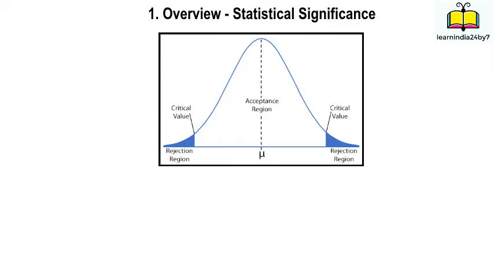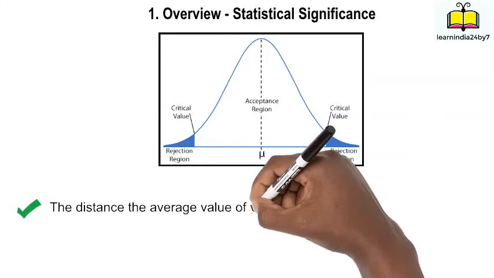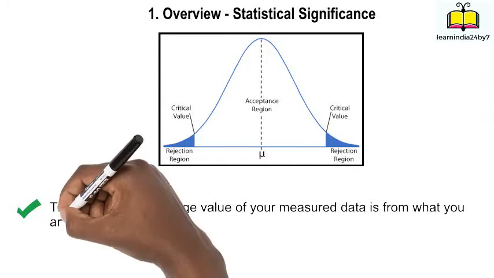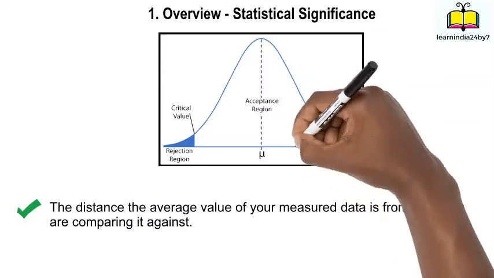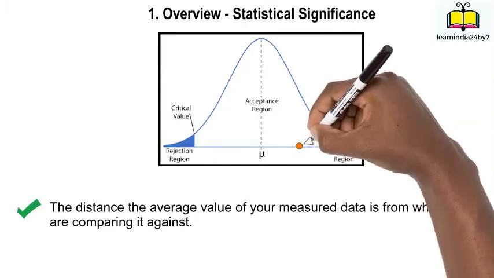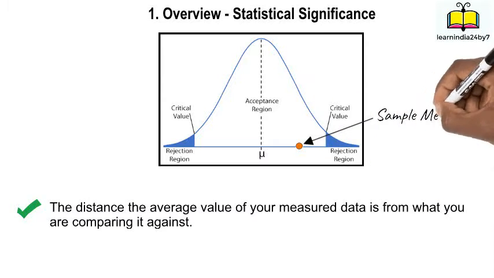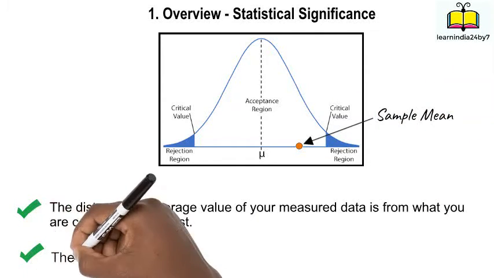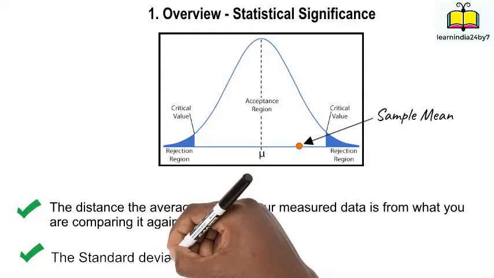Two important concepts in statistical significance are the distance the average value of your measured data is from what you are comparing it against, and the standard deviation of your sample.